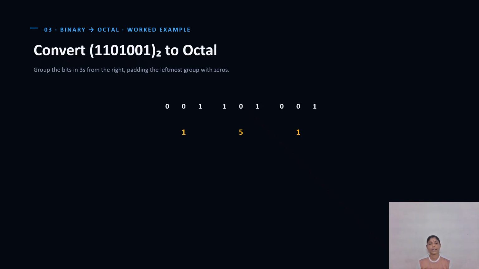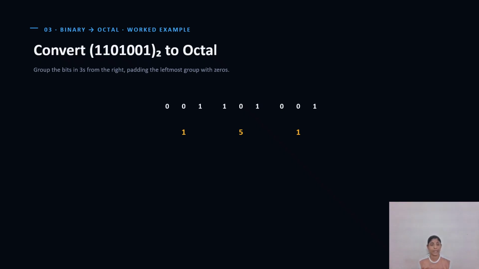Here are 3 points you have to remember. Point number 1: whenever you are grouping, consider whether you are grouping in the integer part or in the fractional part. Point number 2: while grouping, you have to consider grouping either from the radix point towards the left side, or from the radix point towards the right side.